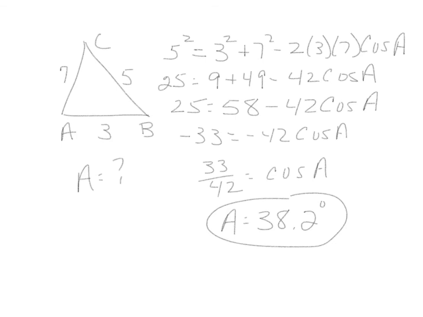Okay, now let's move on to showing an example where we have two sides and an included angle. Looking at this problem, again we have a triangle ABC. This time we'll have 4 and 6. Let's say our angle is 38 degrees.